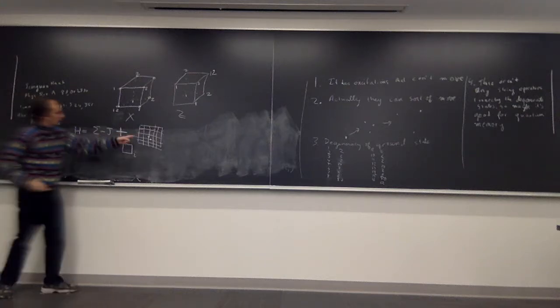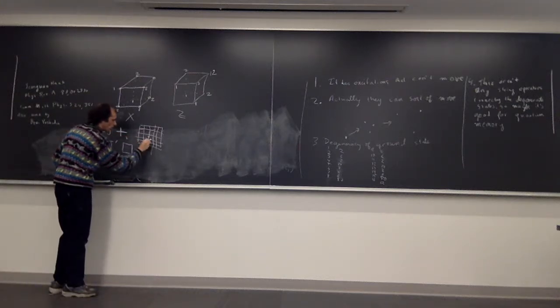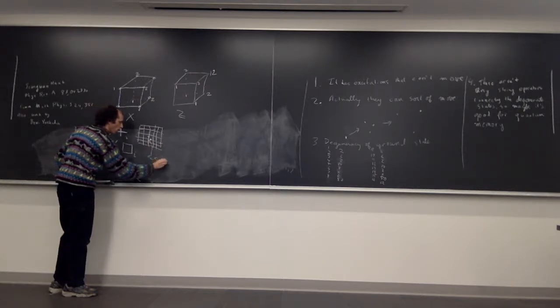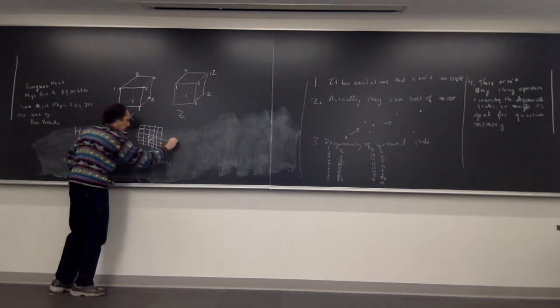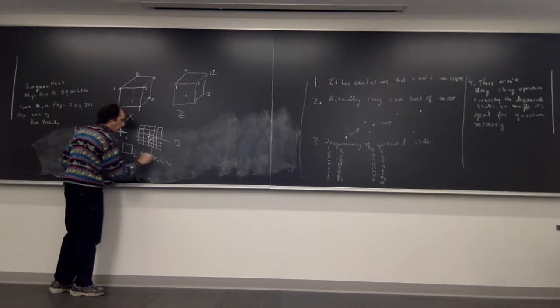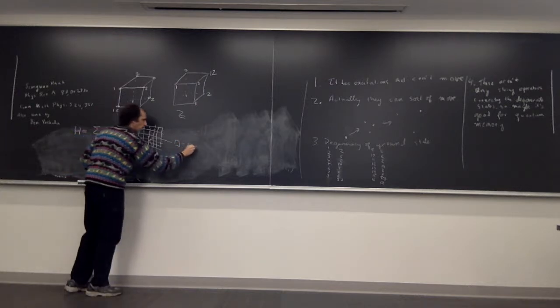And vertex I, like the term associated with this vertex, is the product of the sigma x's around the vertex. And square I is the product of sigma z's around the edge of the square.